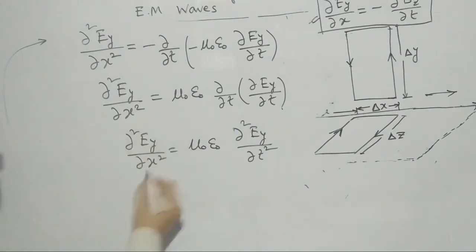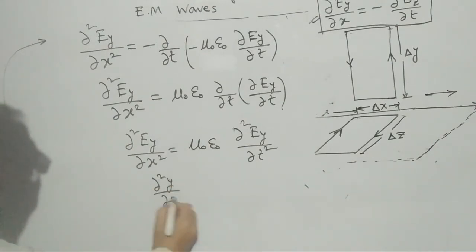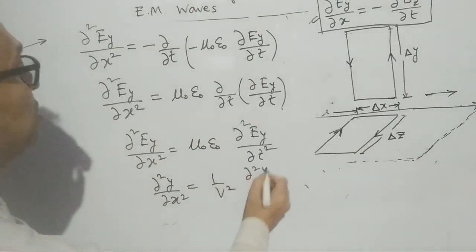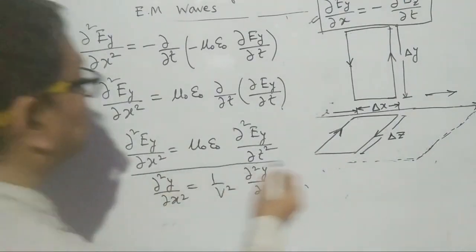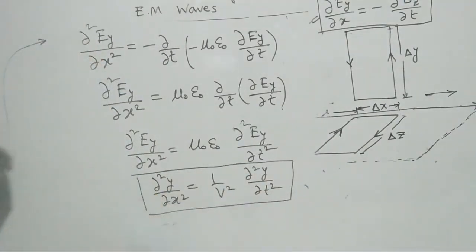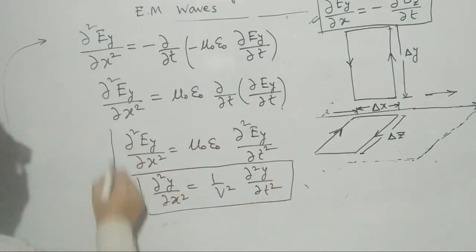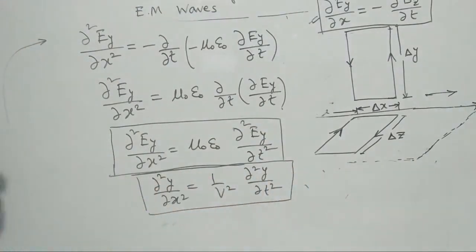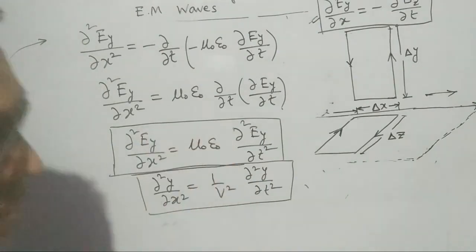Now see, this equation is like the form del square y by del x square equal to 1 by v square del square y by del t square. So this is the normal classical equation of any wave, and for electromagnetic wave it is not any exception. We are getting this equation. Oh my god, so it is very good. That means 1 by v square should be equal to this quantity, mu naught epsilon naught.